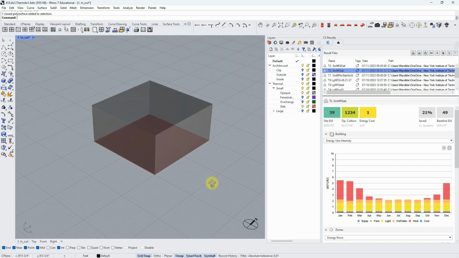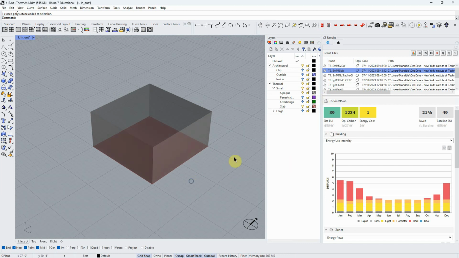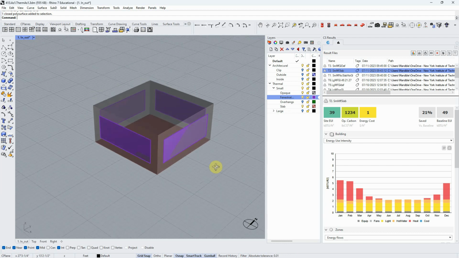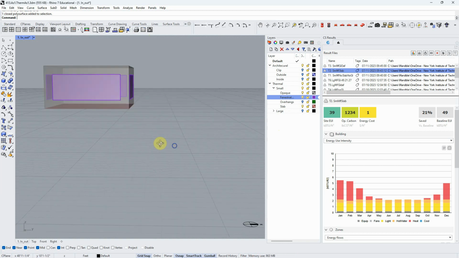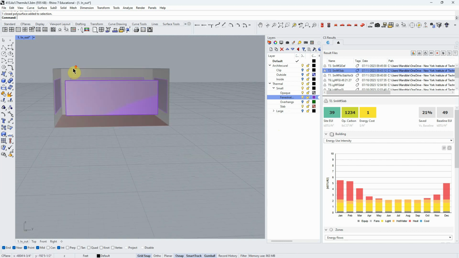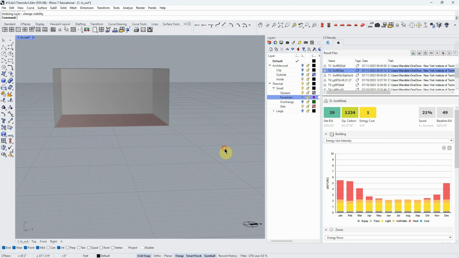Okay, so let's now do one more thing. Let's add windows, because right now this isn't really a building of any kind that you would ever build. I've already created some windows, and let's actually look at these.